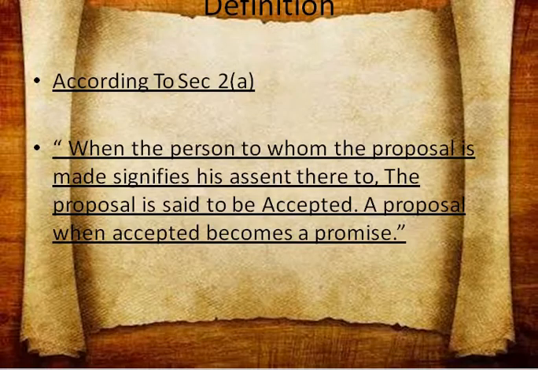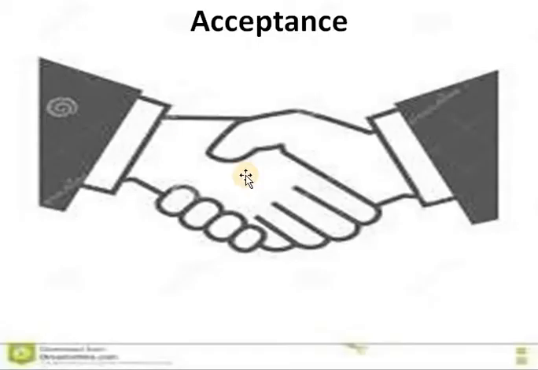Next we discuss acceptance. Simply, you know that giving a promise is called acceptance. The person who gives the promise is called the promisor, and the person to whom the promise is made is called the promisee.